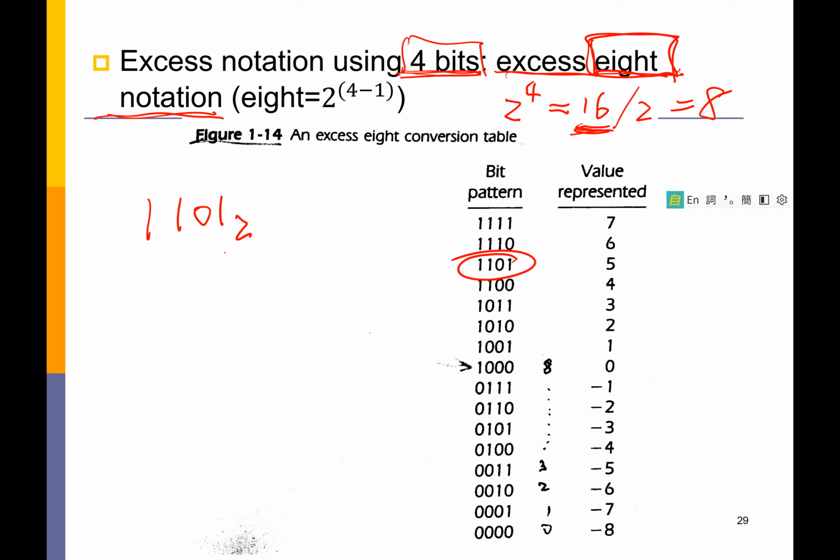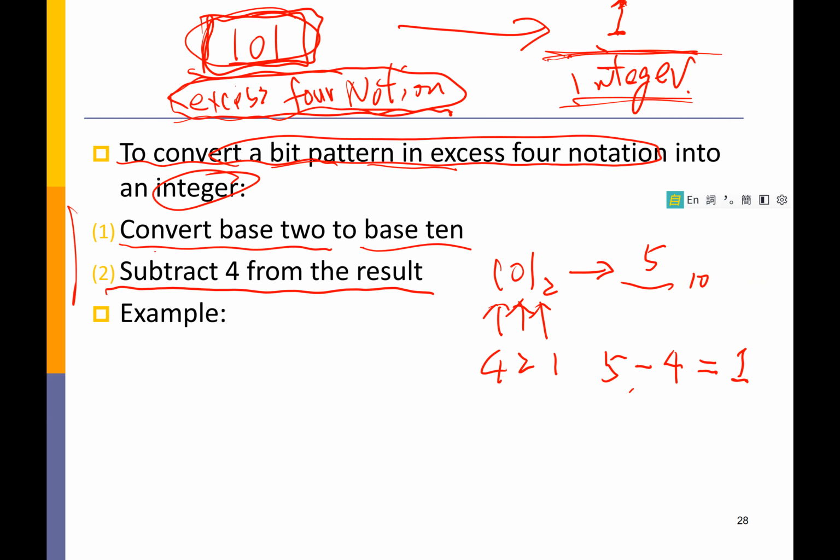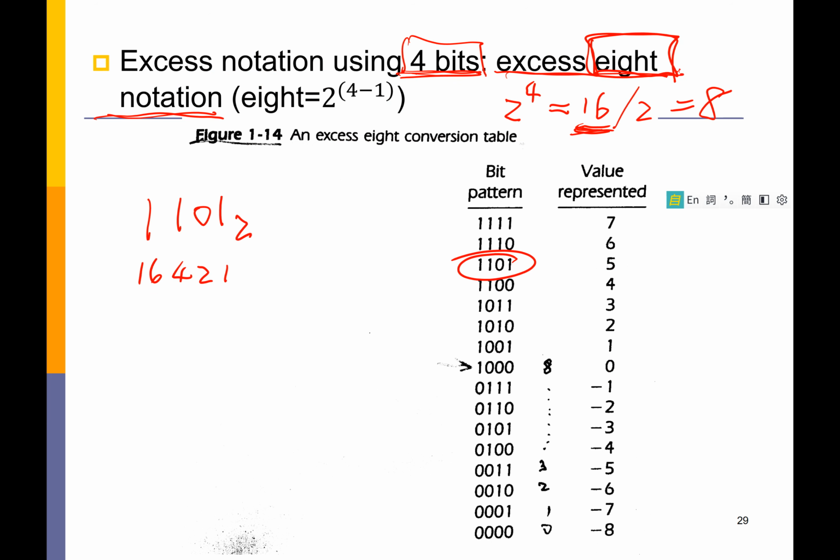The weights are 1, 4, 16. Sorry, this is not 16, this is 8. 8 times 1 is 8. 4 times 1 is 4, plus 0. Forget about it. 1 times 1 is 1. So this is 13.